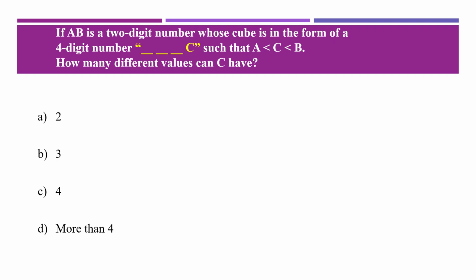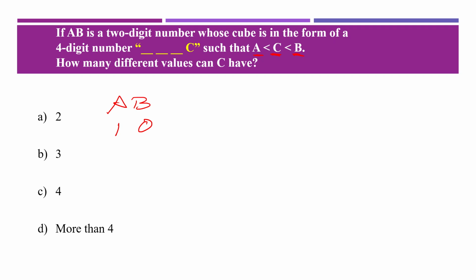If AB is a 2-digit number whose cube is a 4-digit number that ends with C, such that A is less than C and C is less than B. Okay, AB, a 2-digit number, let me say 10.